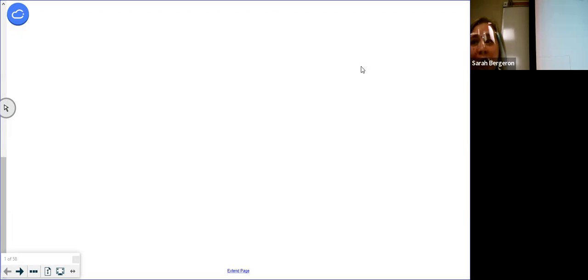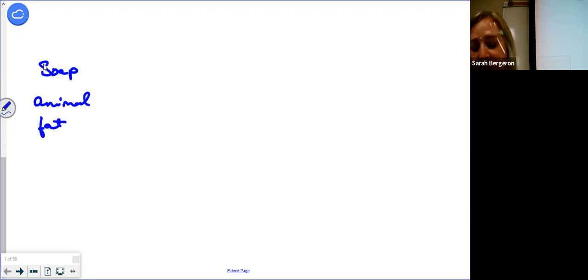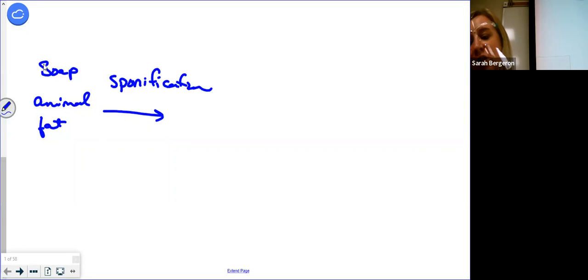So if something's polar, it will dissolve in something polar, right? Okay, so if soap is animal fat, what you have to do to that animal fat is take it through a process called saponification.